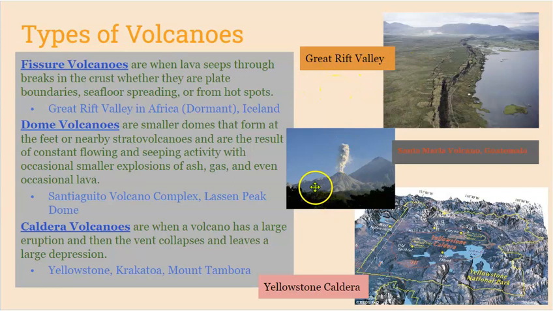Dome volcanoes, we see a lot of these actually in Central America, in Guatemala, and in parts of Mexico. Dome volcanoes end up being like kind of small domes that will form at the base of larger stratovolcanoes. So it's a result of multiple fissures opening up. So we have like a larger stratovolcano here.